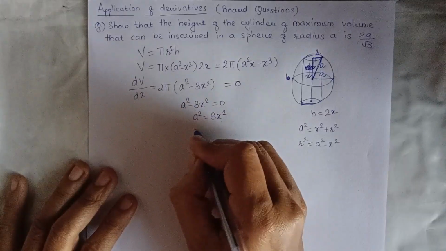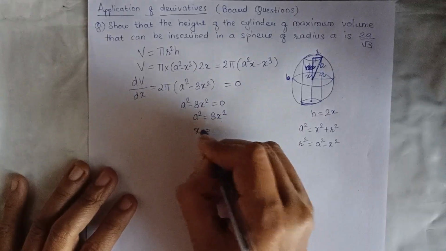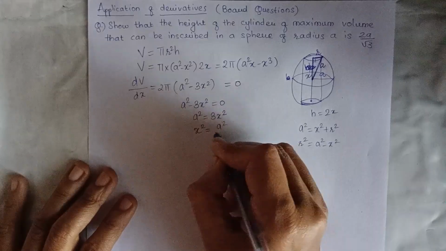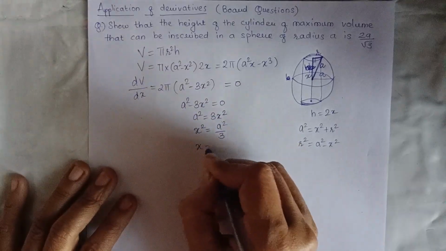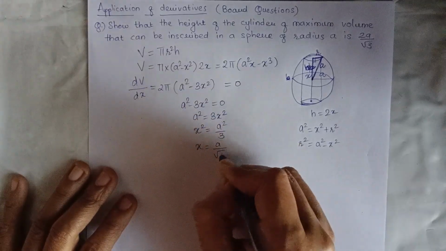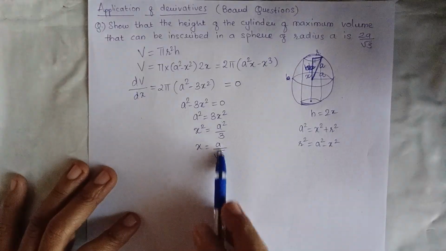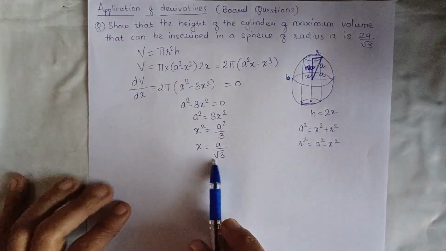We want x, right? Root 3. So x we got is a upon root 3. This is the critical point.